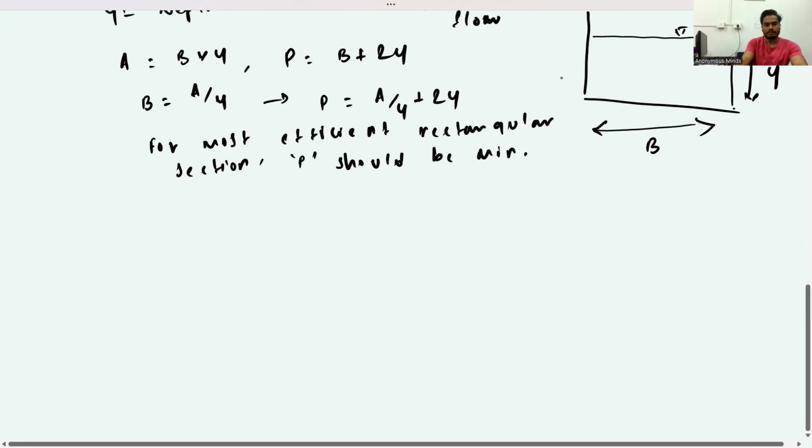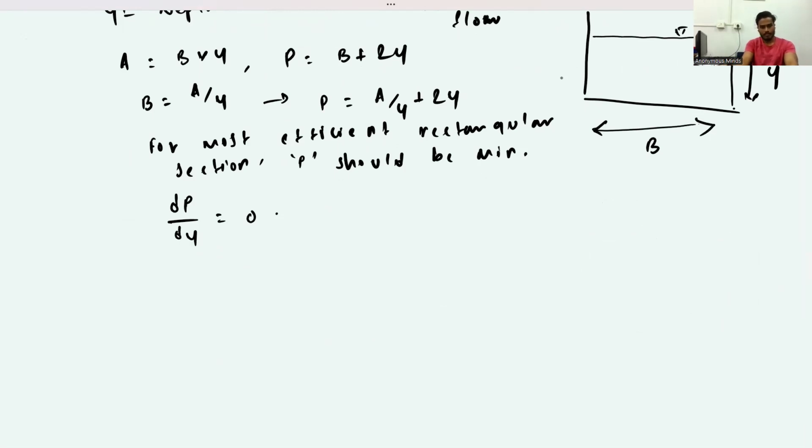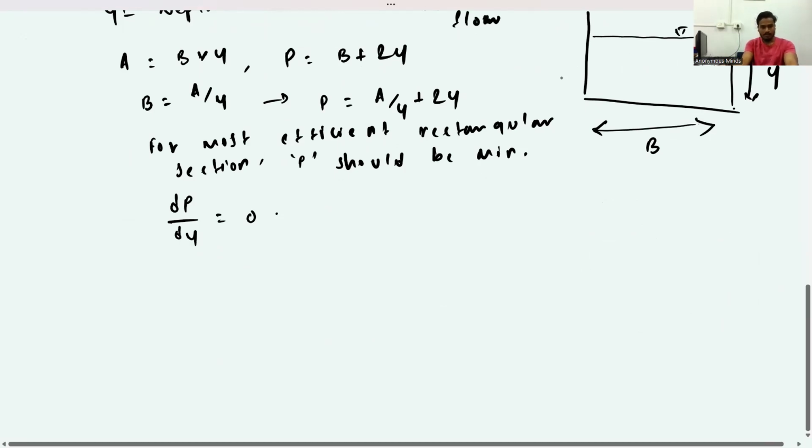So I can write dP upon dy should be equal to 0. So again, I can write dP upon dy is equal to minus A upon y square plus 2, and this should be equal to 0.